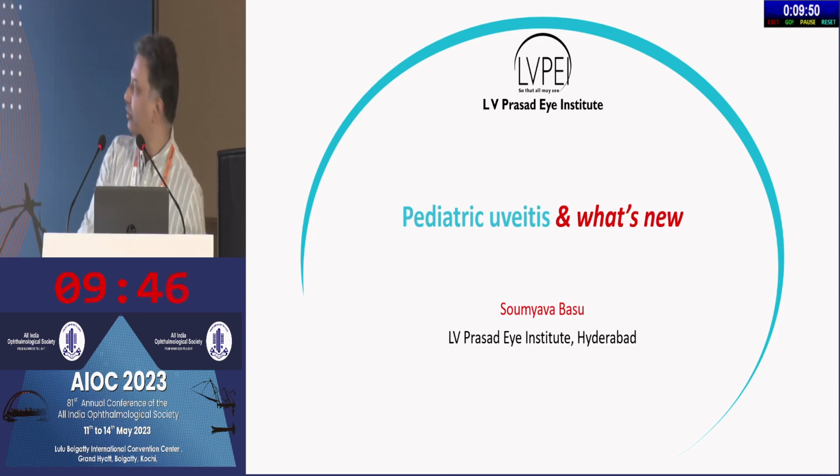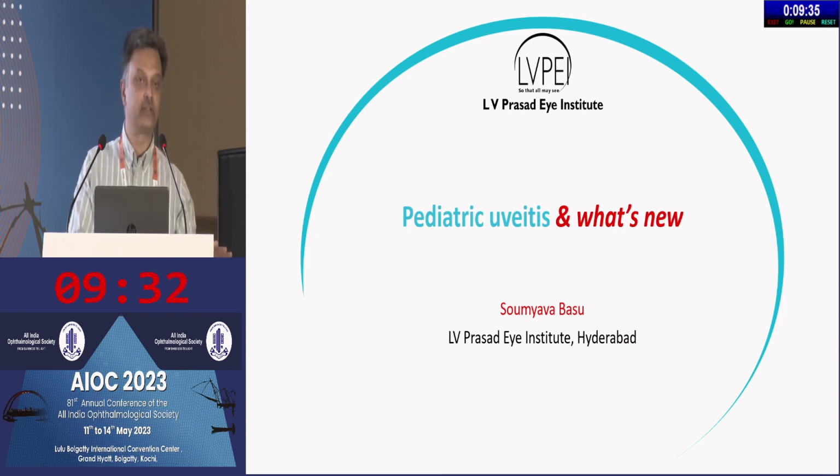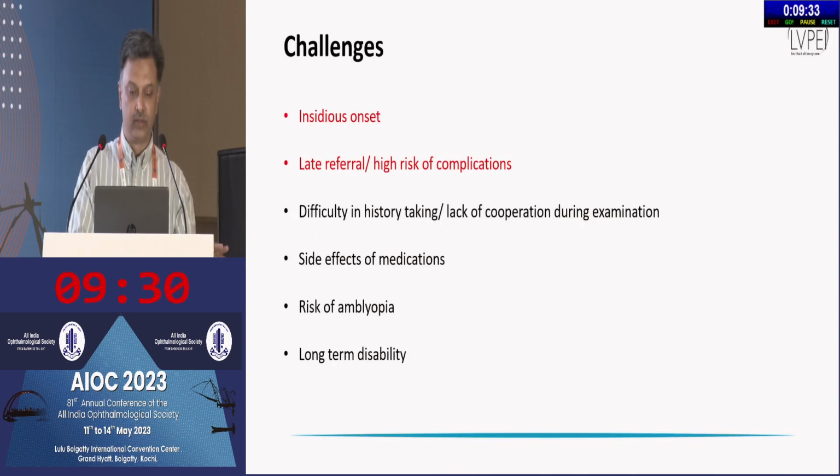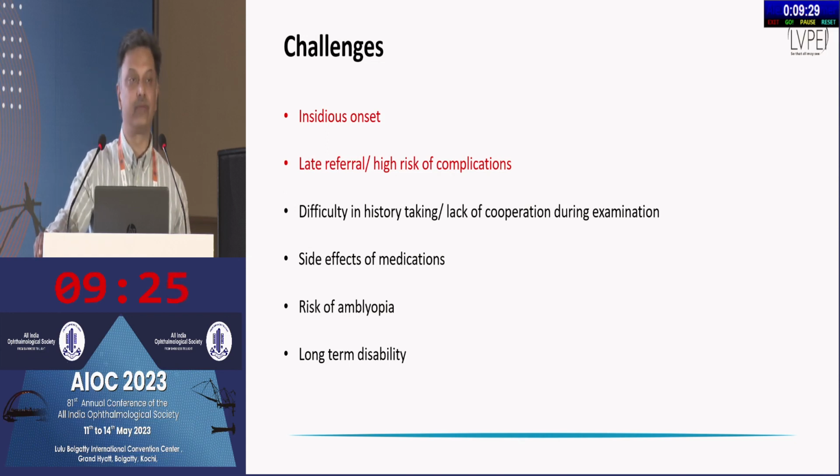So I'm going to talk a little bit about pediatric uveitis and then move on to what's new. Because in general, the awareness about pediatric uveitis amongst pediatric ophthalmologists as well as amongst the uveitis specialists is quite low. So let's start with, what are the challenges with pediatric uveitis? It's a very insidious disease.